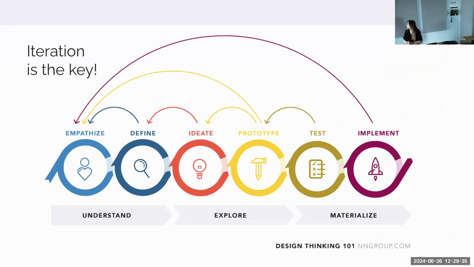And just before I wrap up, I wanted to reiterate that iteration is key here. We're going to see how it looks in real life in a second, but if you get to a point where you're testing and everything is perfect, that usually means that you have to go back, because that's not to be expected.